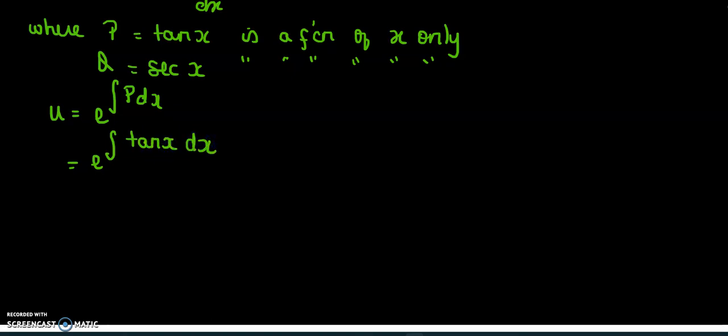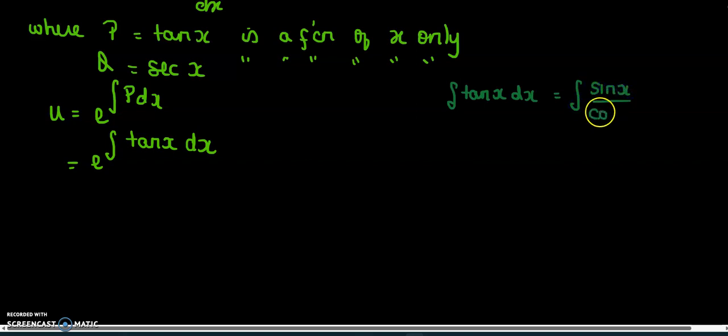So let's do this integral on the side here. We have the integral of tan x dx, and this is really the integral of sin x over cos x. So we let t equal cos x. So dt/dx is equal to minus sin x.